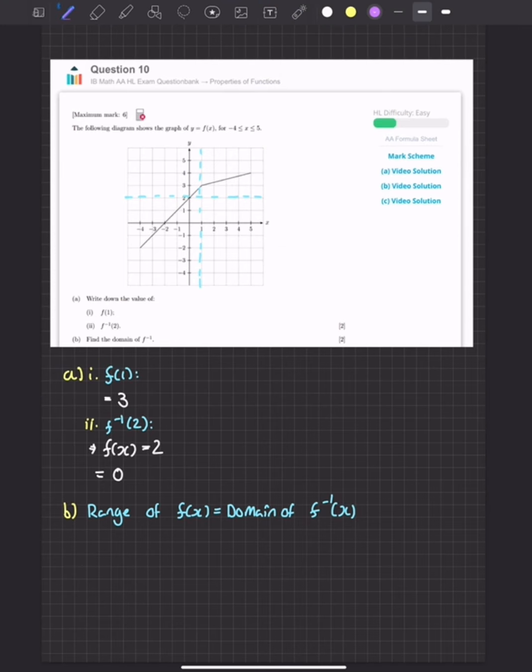Well, it is the highest y value and the lowest y value. So the lowest y value is here, -2, and the highest y value is here at 4. And if this is the range of f of x, then the domain of the inverse is the same values. So -2 to 4 for x, not y, because now we're talking about domain. And that's it.